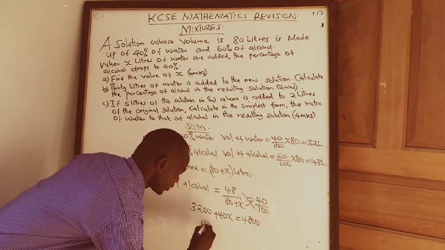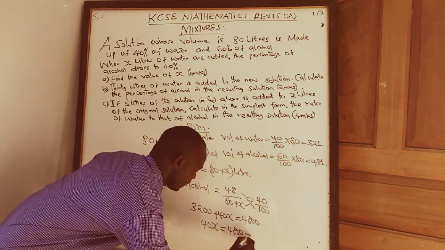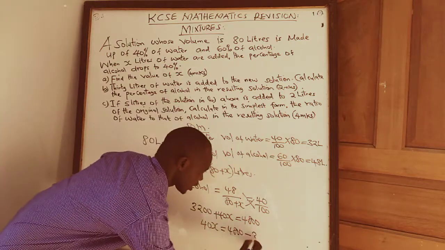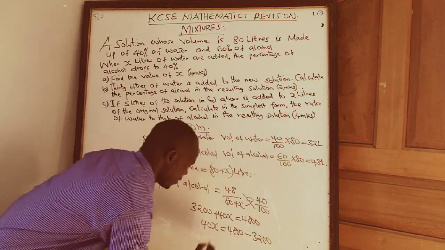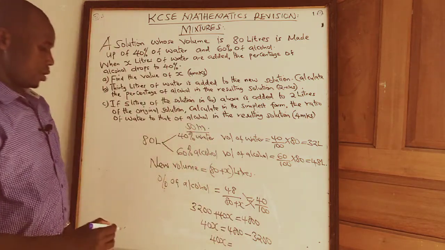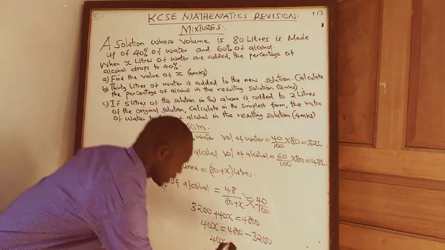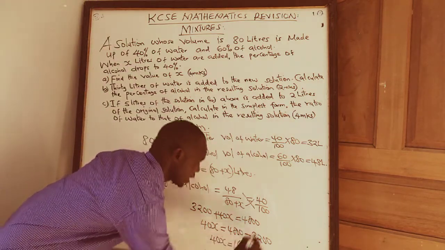We remain with 40X, and this is equal to 4800 minus 3200, which gives us 1600.